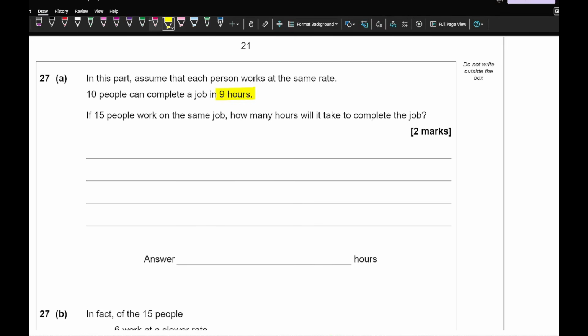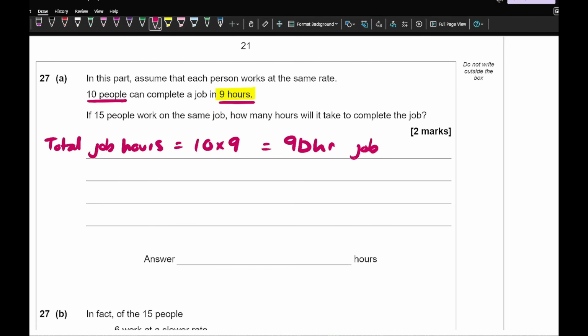Now what you want to do with these particular questions is find the total job hours. In this information it says that we've got 10 people working 9 hours. So that's going to be 10 times 9. So this is a 90-hour job.